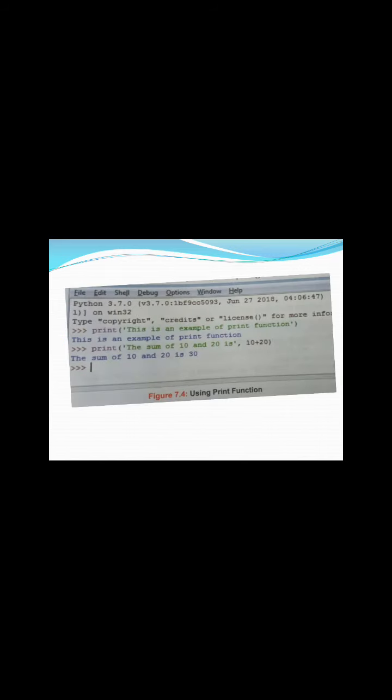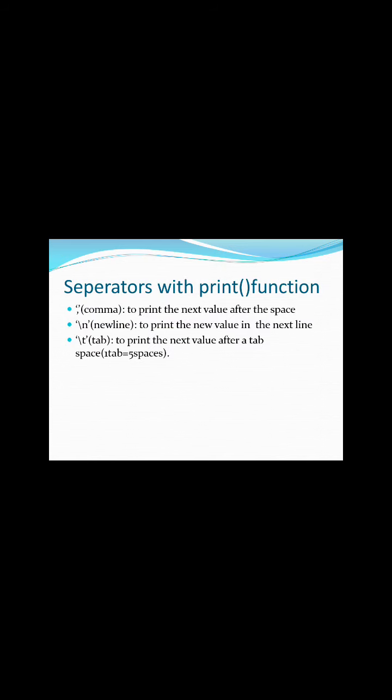Now see, in the previous slide I have used one separator, comma. So let's see what other separators are used in Python and what their meaning is. The first is comma. Children, this comma is used to print the next value after a space. Now backslash n, that is called the new line separator, to print the next value on a new line.